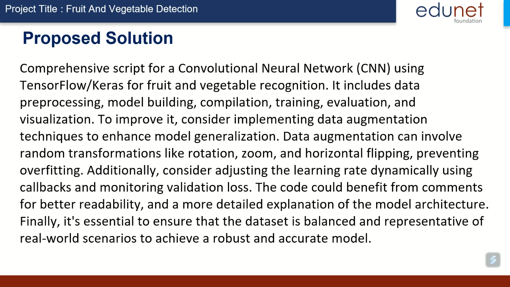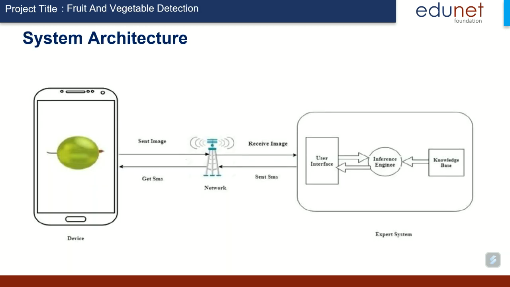The code could benefit from comments for better readability and a more detailed explanation of the model architecture. Finally, it's essential to ensure the dataset is balanced and representative of real-world scenarios to achieve a robust and accurate model. Here is our system architecture of the project.